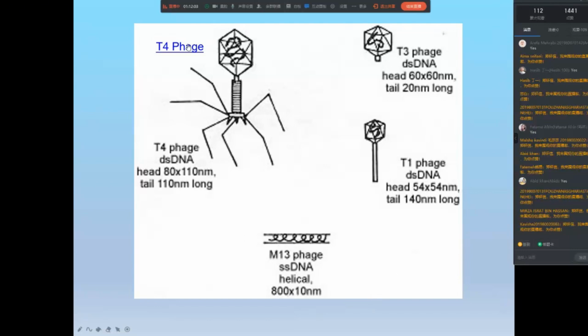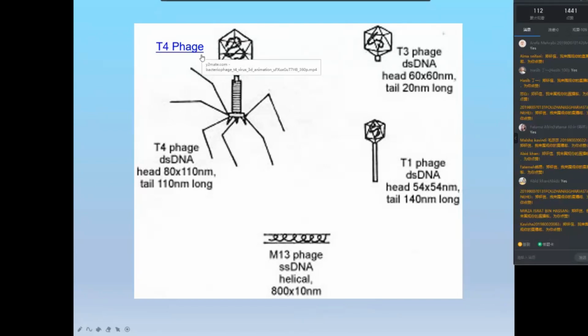Okay, let's watch this video about T4 phage. In this video, you will see this fancy structure fly and then fall down onto the host cell. It's much like a satellite or a spacecraft.